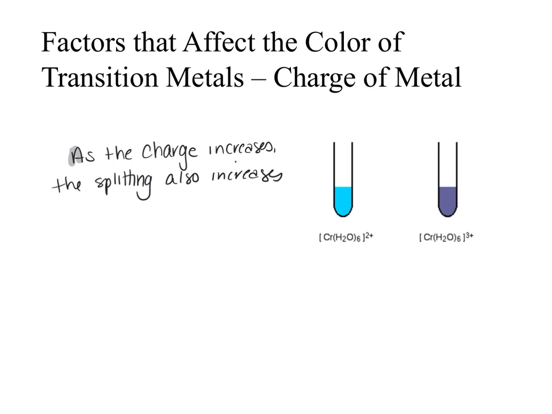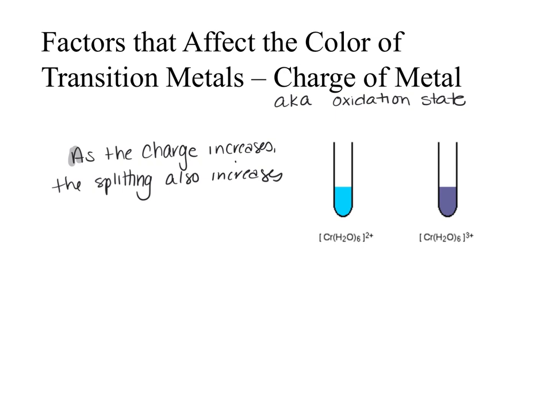The charge on the metal is also sometimes called an oxidation state, so you're going to see that as a synonym. For example, if we have chromium here, the ligands are the same. The only thing that has changed is the charge. That is why we see a color change here. It's because the charge has changed the splitting between those d orbitals.